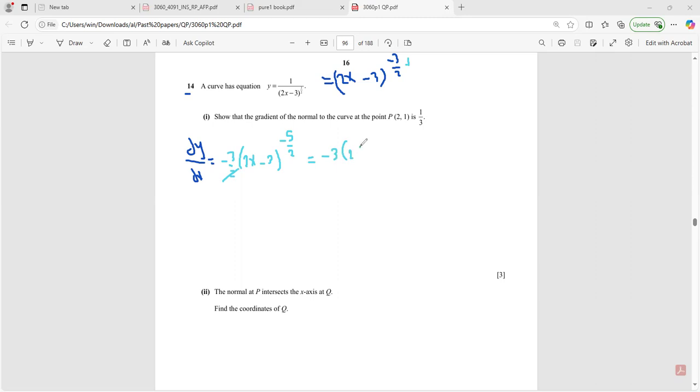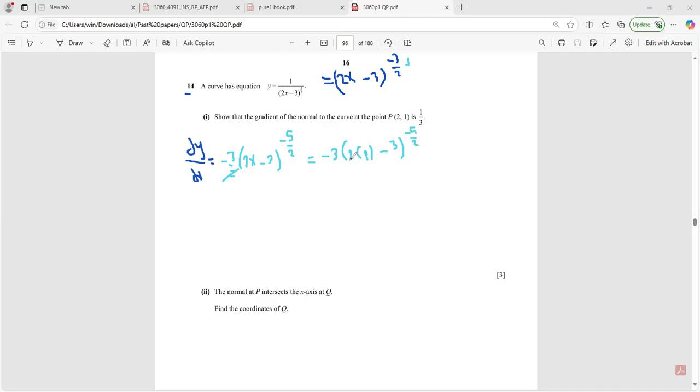And for x equal to 2, so make it 2 multiplied by 2 minus 3 would give us, all to the power negative 5 out of 2.